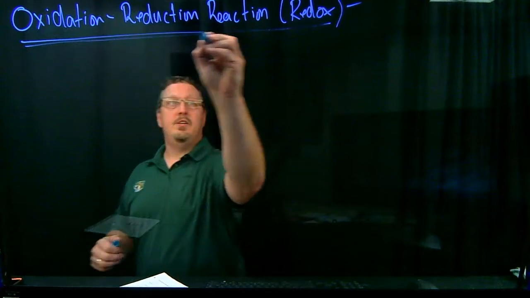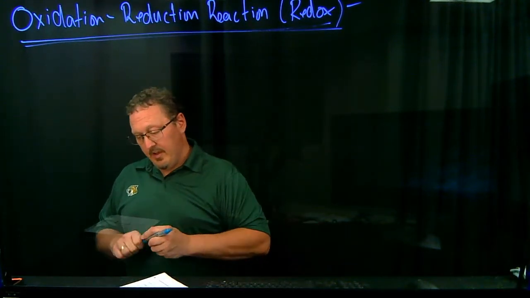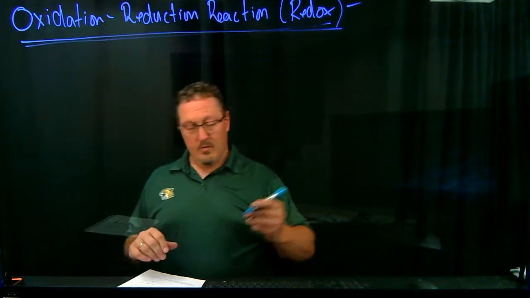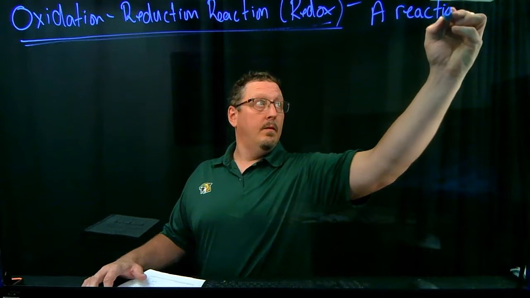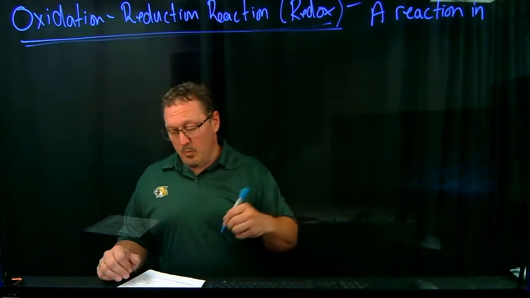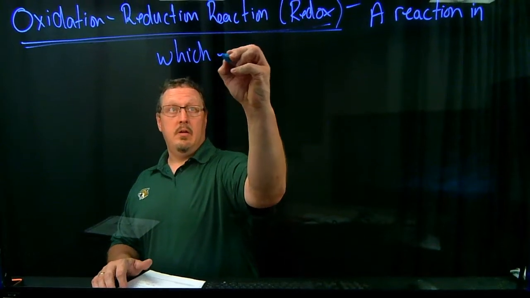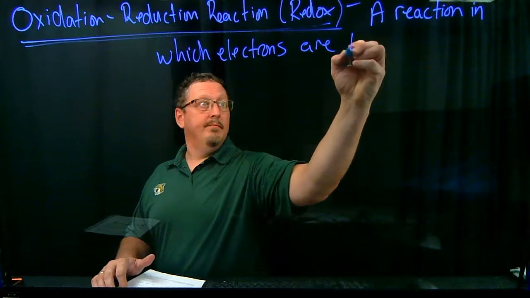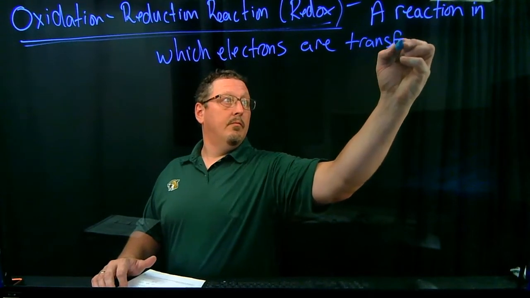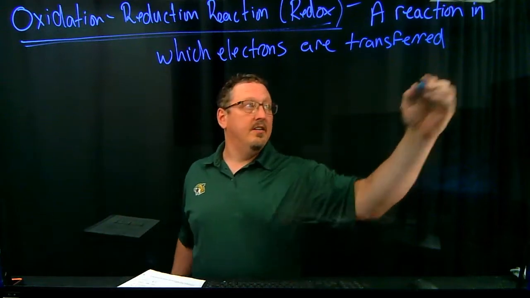And what we're really thinking about, and this is the first time that we're really going to do that, is a reaction in which electrons are transferred from one reactant to another.